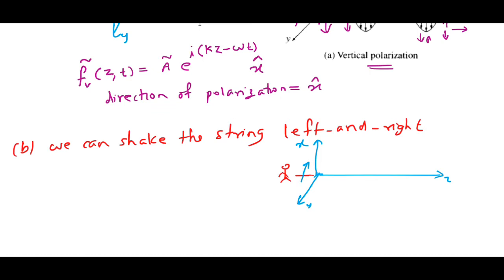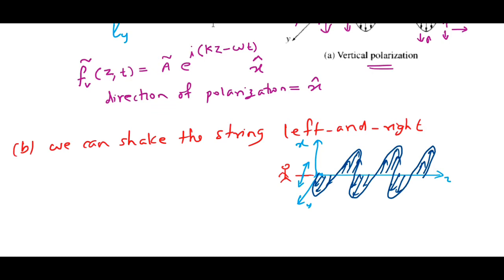The picture is not very clear, but if the string element vibrates in this direction, the direction of the resulting wave oscillation will be along this y direction. String element vibrates along y direction. Therefore, this is an example of horizontal polarization.